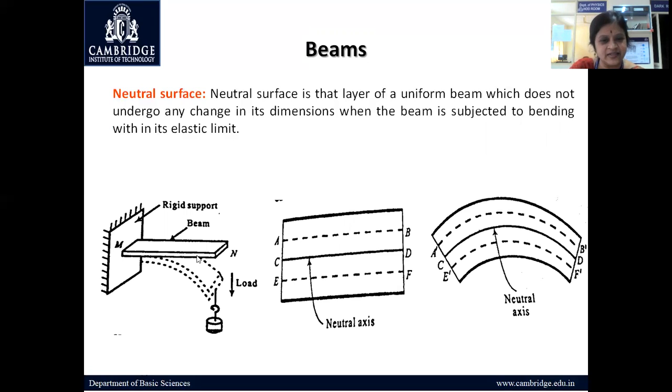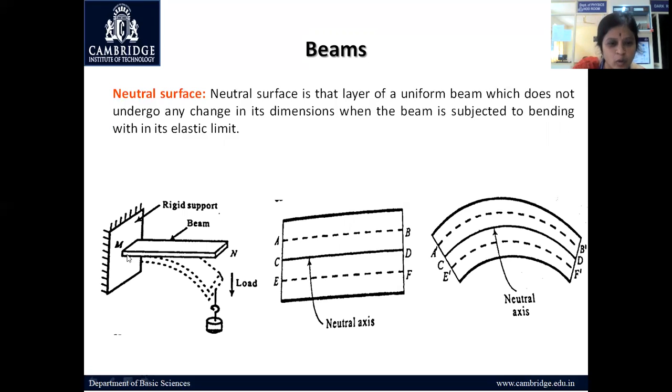If I say this beam is made up of a number of thin layers like A, B, C, D, E, F, then when you bend the beam, the layer AB gets elongated to A'B' and EF gets compressed to E'F', but the layer CD is not undergoing any change in its dimension, so that layer is called the neutral surface.